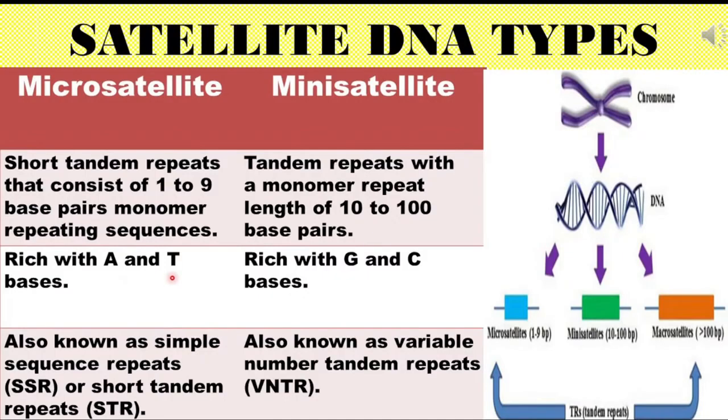The microsatellites are also known as simple sequence repeats, SSR, or short tandem repeats, STR. The minisatellites are also known as variable number tandem repeats, VNTR.